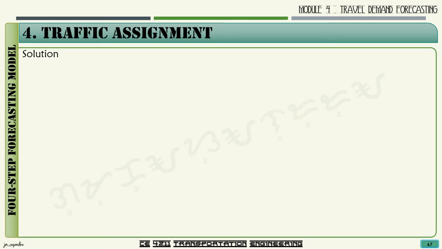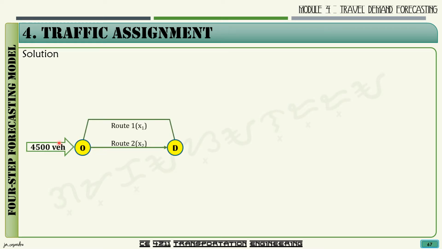For this problem, to understand the scenario, we have here a total of 4,500 vehicles coming from our origin, and they will either choose Route 1 or X1 and Route 2 or X2 going to our destination.